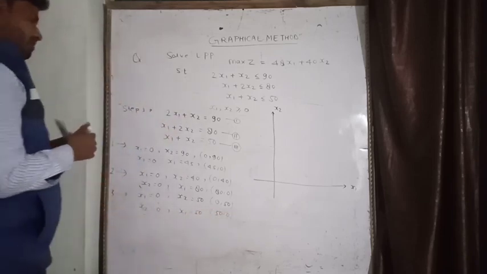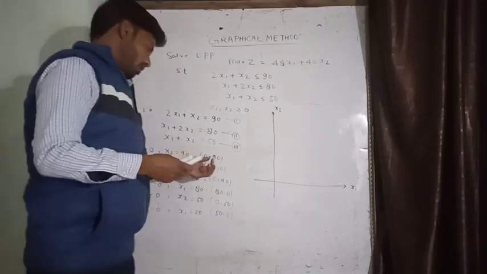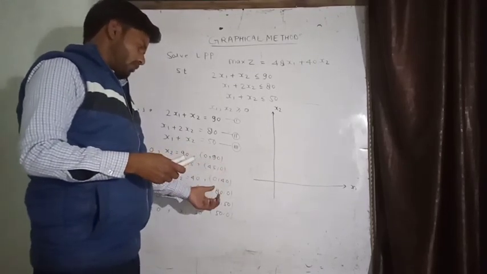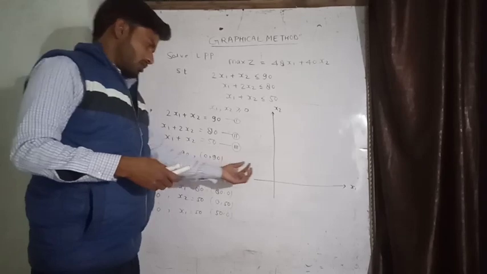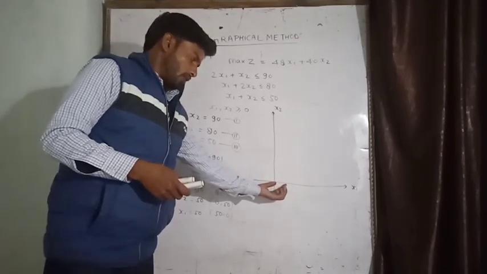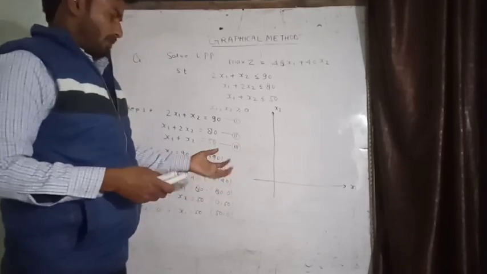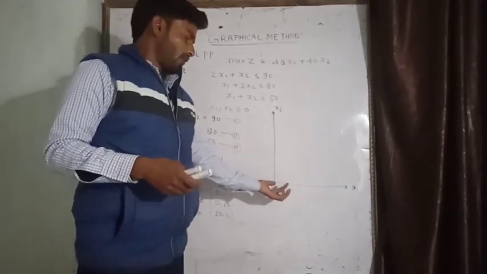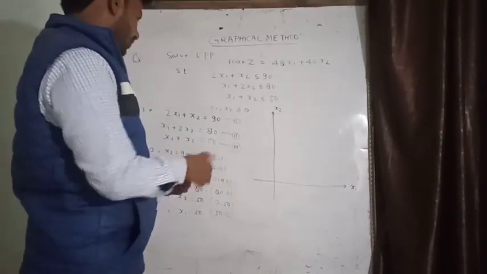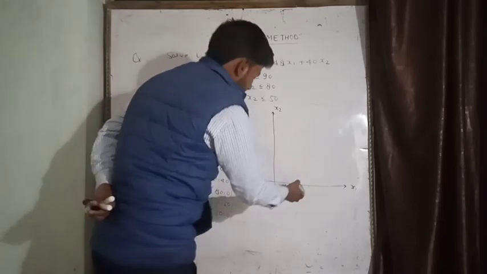Here we see that these are very large values, so we take the length of the interval to be 20.